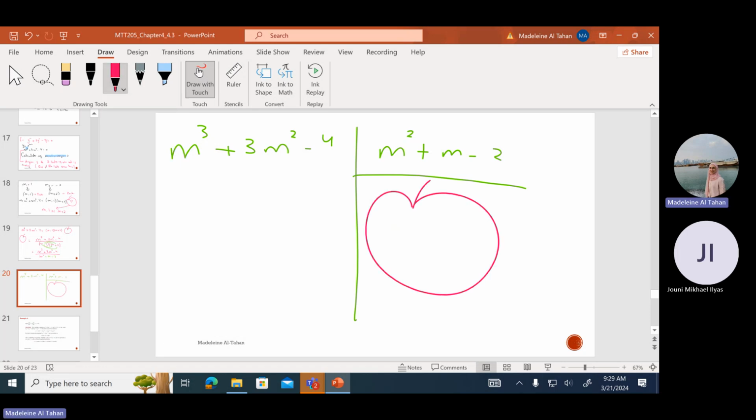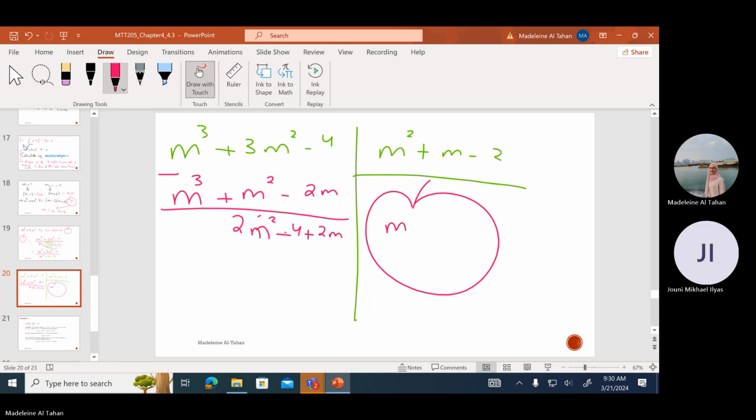And here we will find it. m cubed over m squared is m. m times m squared minus m cubed plus m squared minus 2m. Then what do we put here? Minus. 3m squared minus m squared is 2m squared, minus 4 minus 2m. It means that minus 4 plus 2m. Okay, miss? 2m squared over m squared is plus 2. 2 times m squared, 2m squared plus 2m minus 4.